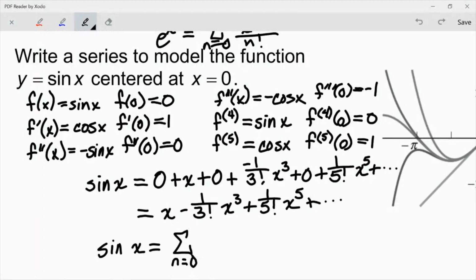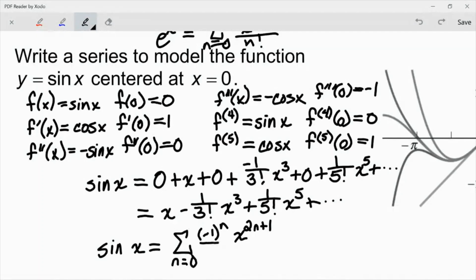I know this is an alternating series, so I'm going to say negative 1 to the n power. That would make the n equals 0 term positive. And then I need x raised to some power. Well, I can see that the exponent is increasing by 2 every time. So I'm going to make it 2n plus 1, because when I plug in n is 0, I need the first term to be x to the first power.